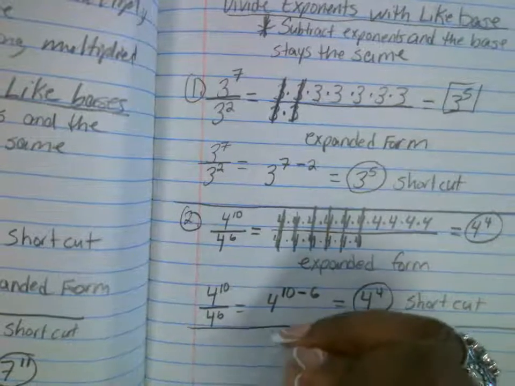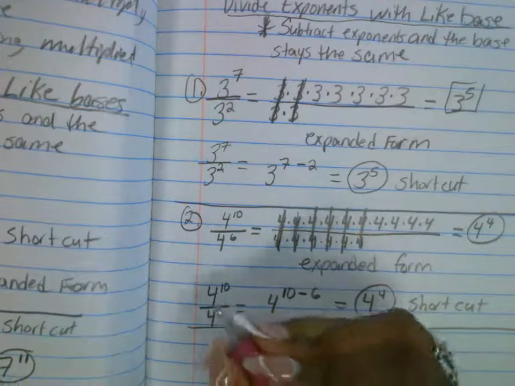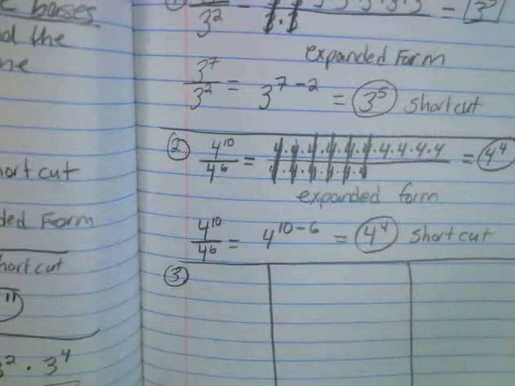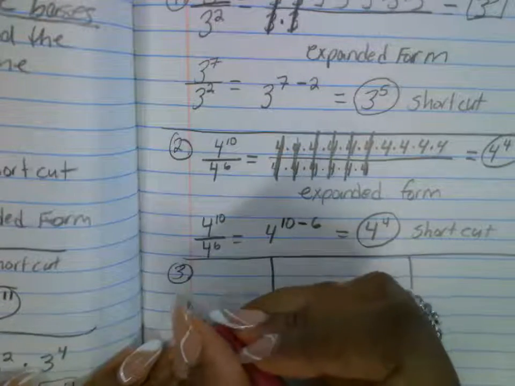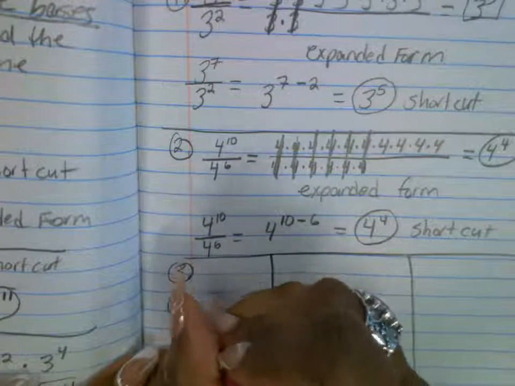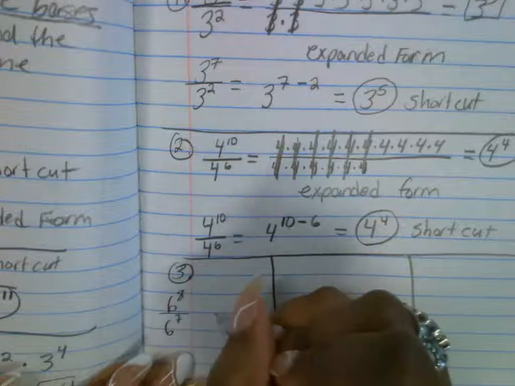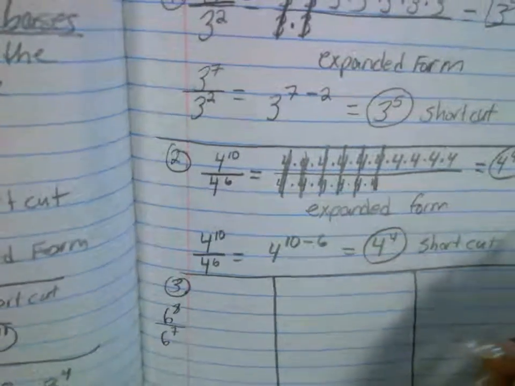All right, so I'm going to give you 3 problems. Number 3: 6 to the 8th divided by 6 to the 7th. Do shortcut. You don't have enough room to do the expanded.